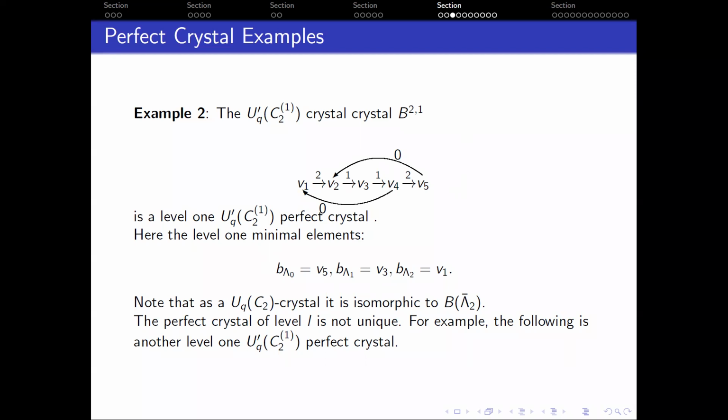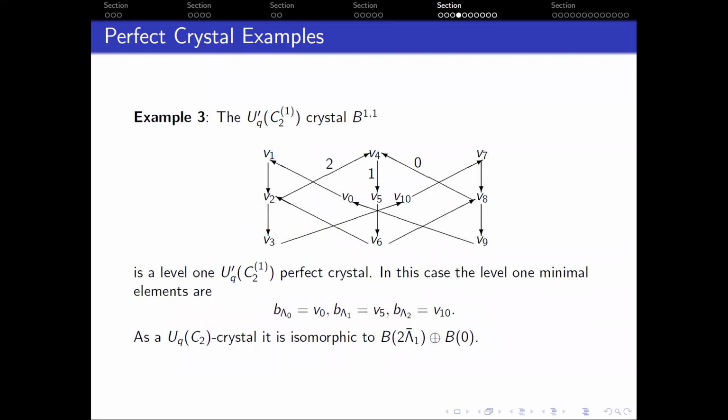But again, I need to point out that these perfect crystals are not unique. This C2 upper one has 3 nodes, 0, 1, 2. We start from a finite dimensional irreducible representation, so for each node, not including 0, there should be a perfect crystal.